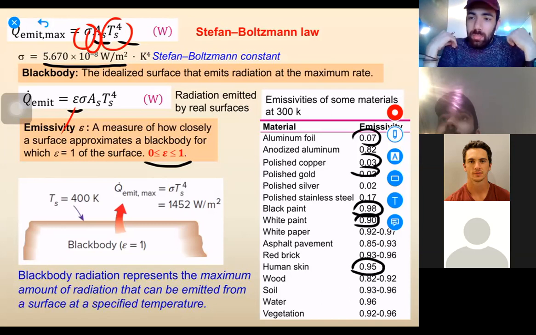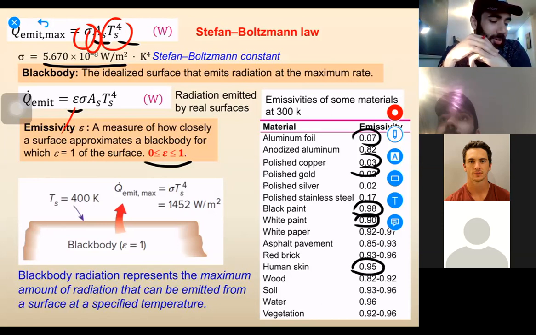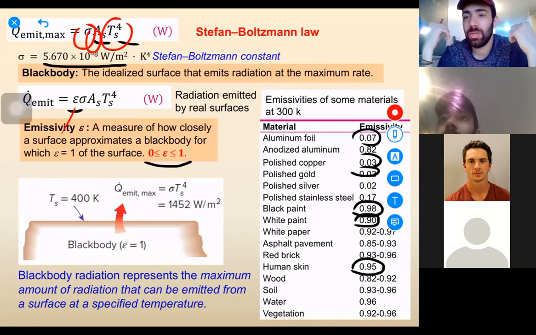We talked about black t-shirts, which are not suggested for wearing in summer, because colored surfaces, colored t-shirts, are less eager to absorb the energy, and they reflect most of the radiation which is coming from the sun. But black bodies are much more eager to both absorb and emit the energy.